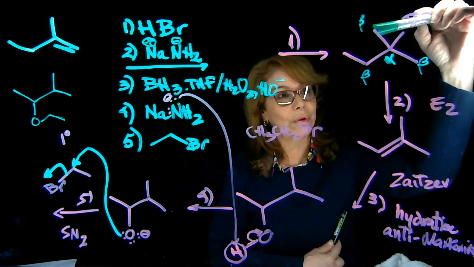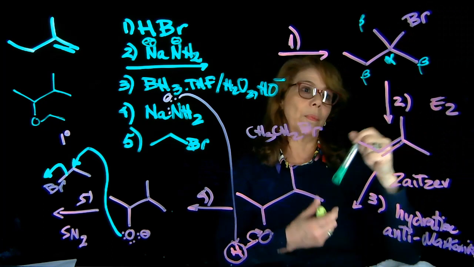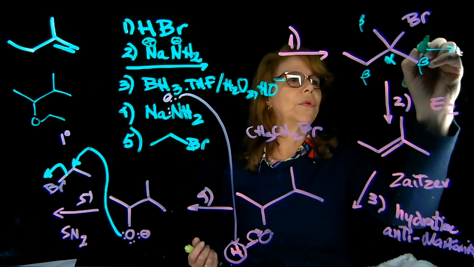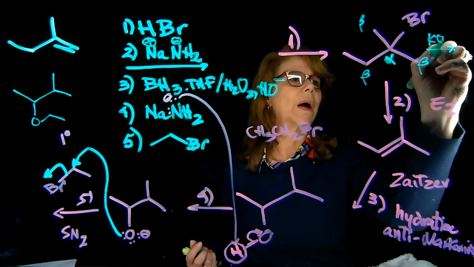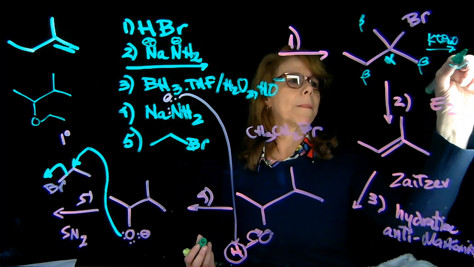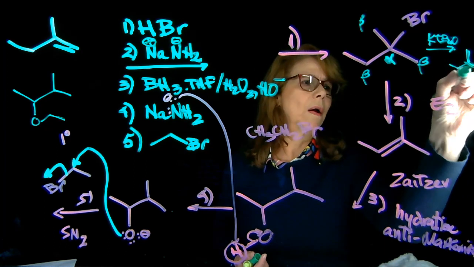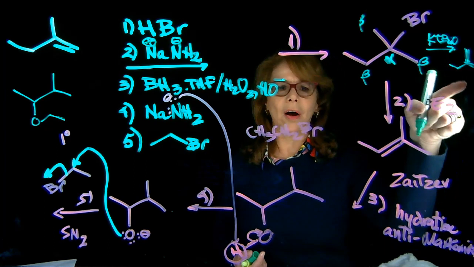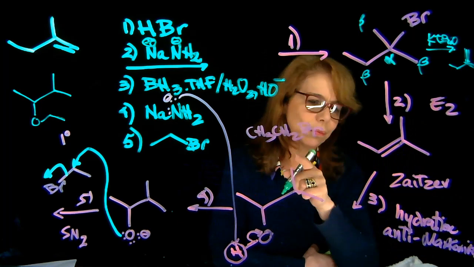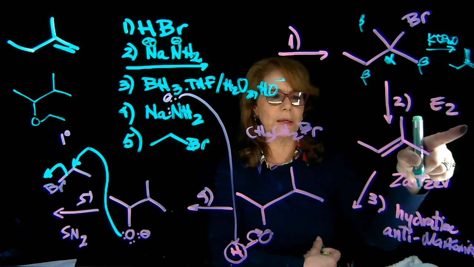The least substituted, the Hofmann, would need a bulky base. If you used potassium tert-butoxide, you would have this alkene. This is not what we're making. This is a Hofmann alkene. This is Zaitsev. We're making that because this is a small base. That's after step 2, the E2 elimination.